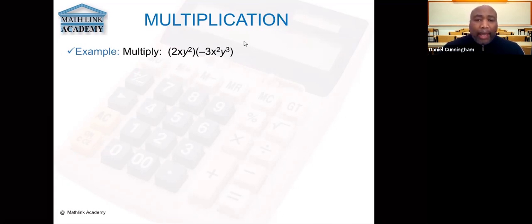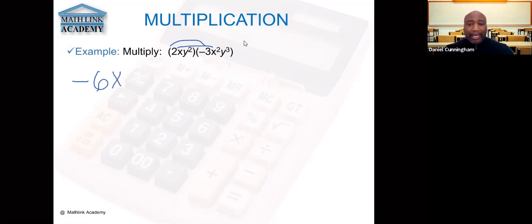Okay. So let me show you how we can do this particular problem. When we multiply algebra expressions, in this example, I'm going to multiply the 2 and the negative 3 first. I'll do the exponents first, I mean the coefficients first. Those are the coefficients. So 2 times a negative 3 is a negative 6. And then next I'll multiply the x and the x squared. Since they're the same base, I just put down x as my base.